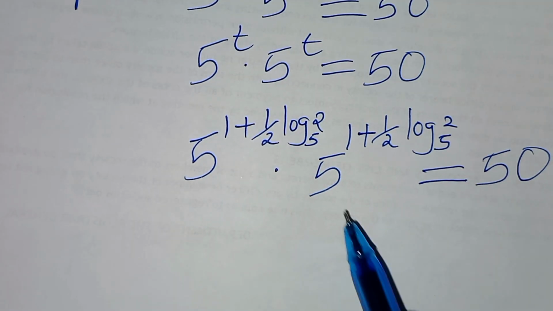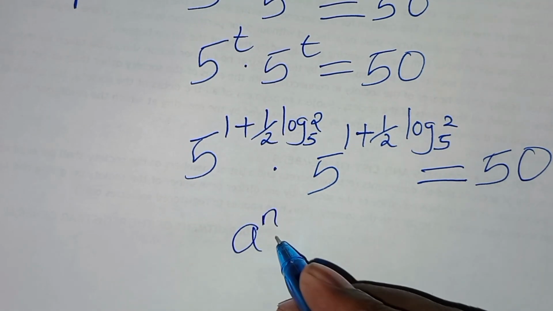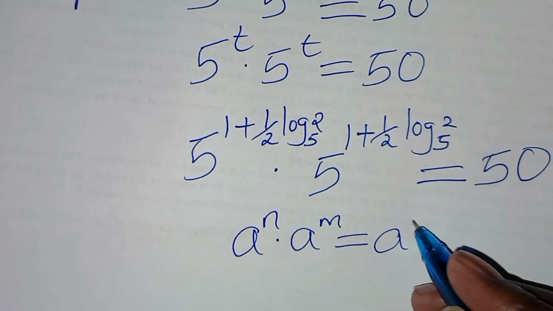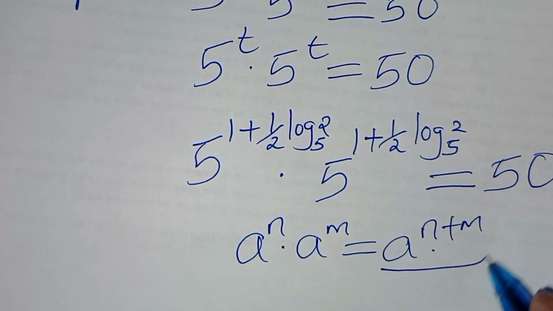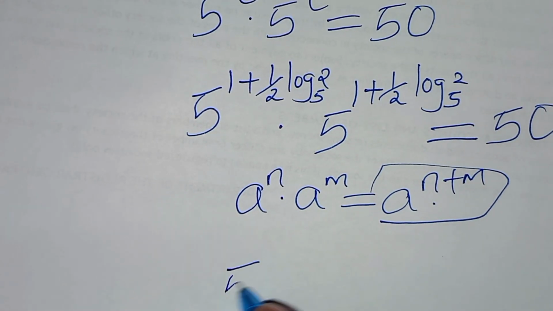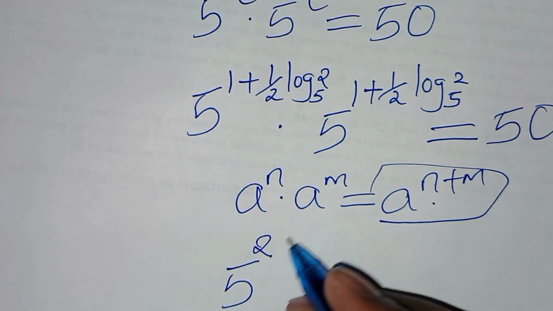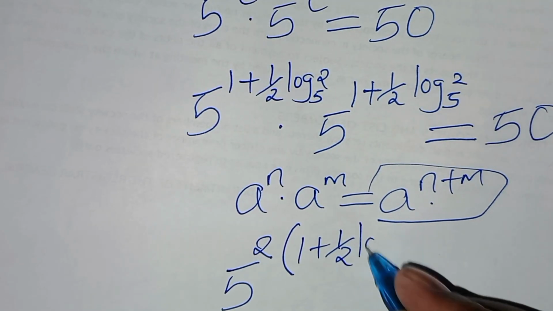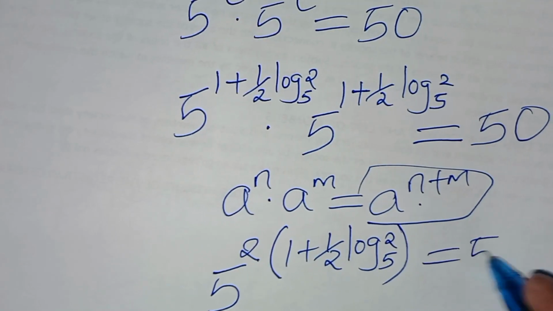Now we find that this is in the form of a to power n multiplied by a to power m, which we can express as a to power n plus m. Let's apply this property so that we'll have 5 to power 2 multiplied by 1 plus a half log 2 to base 5, which should give us a value of 50.